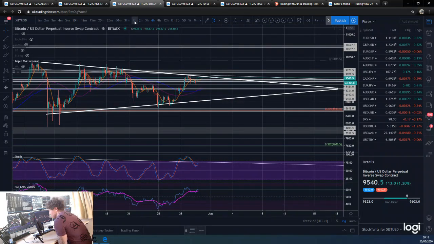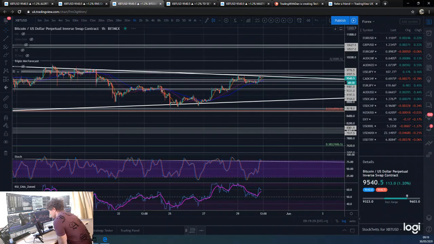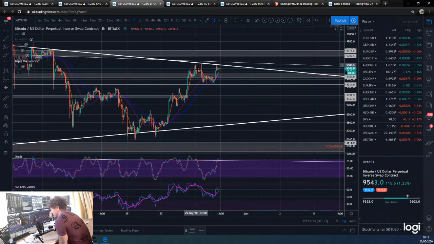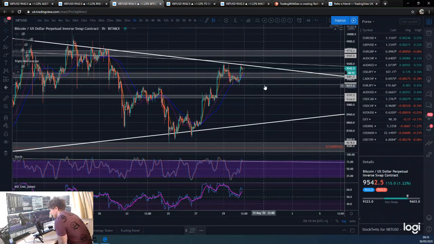Like I've been saying to you recently, it's hard to say in the shorter time frame because we are in such an important area. But in the shorter time frame, you'd be expecting support above this level. If we do lose this level, I would probably look at these lows here around 9,300. If we take out those lows, then it's hardly a move, is it?